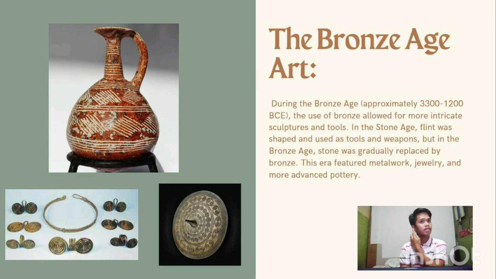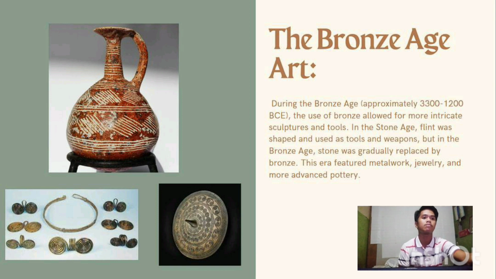Additional is the Bronze Age art. During the Bronze Age, approximately 3300 to 1200 BC, the use of bronze allowed for more intricate sculptures and tools. In the Stone Age, flint was shaped and used as tools and weapons, but in the Bronze Age, stone was gradually replaced by bronze.